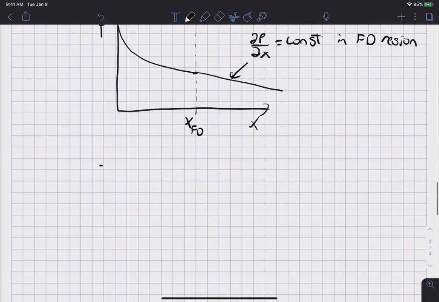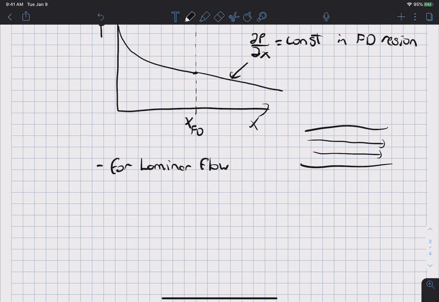And then for laminar flow, recall that laminar flow means that in the pipe the streamlines form nice little straight lines that don't tangle and cross and things like that.